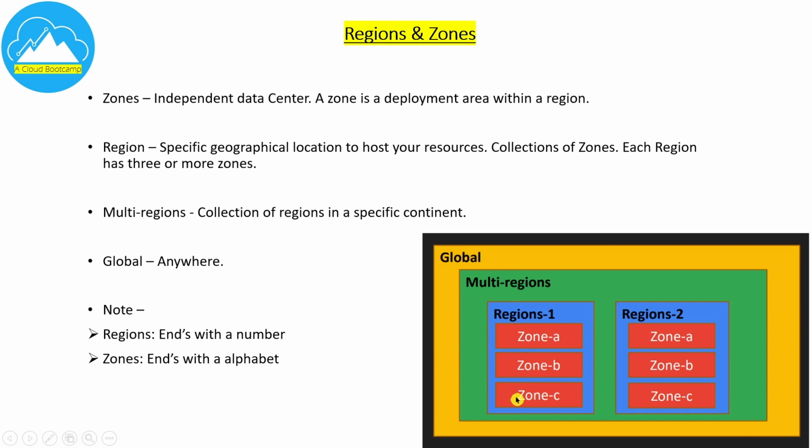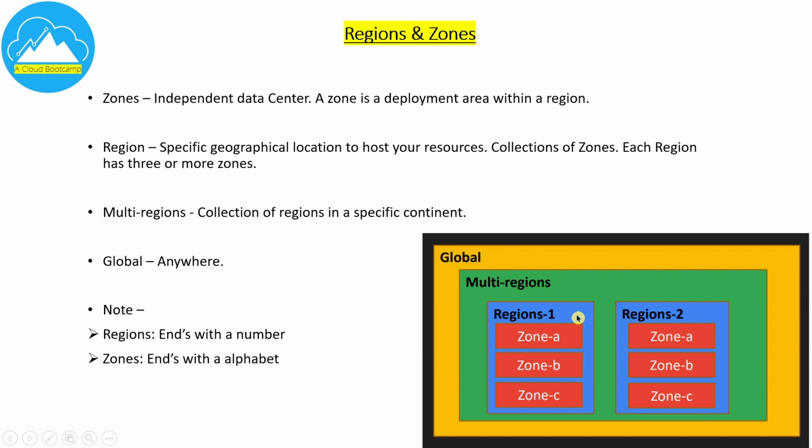We can see zone A, zone B, zone C, and the collection of data centers, or zones, is called a region. I have also listed the definition here in my own words: a zone is a kind of independent data center, and a deployment area within a region.